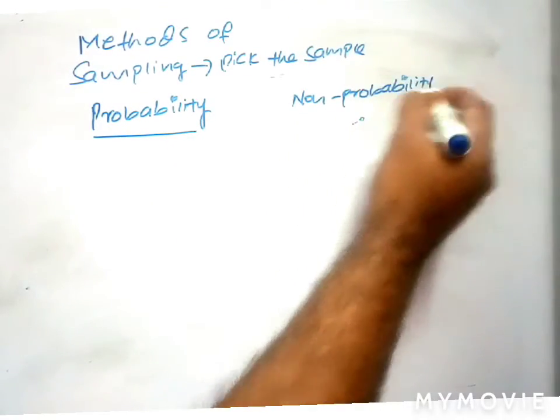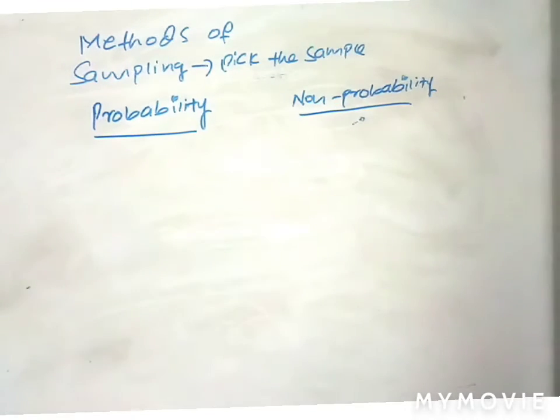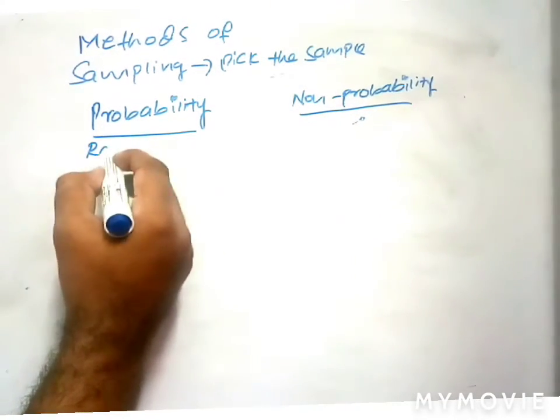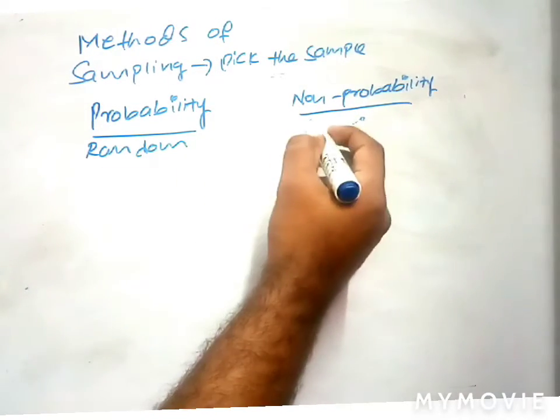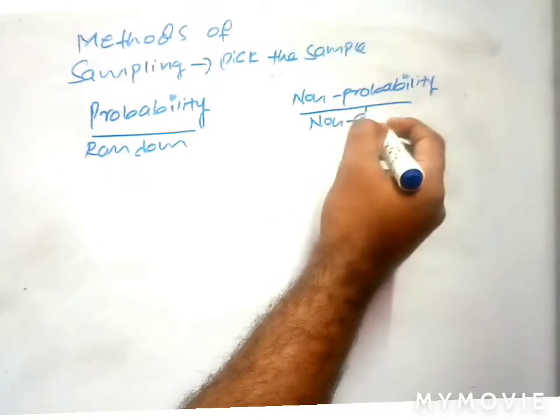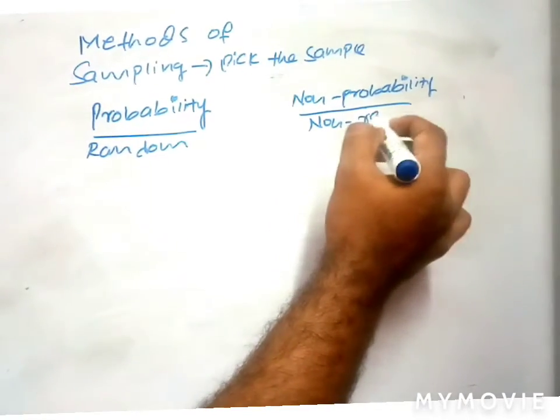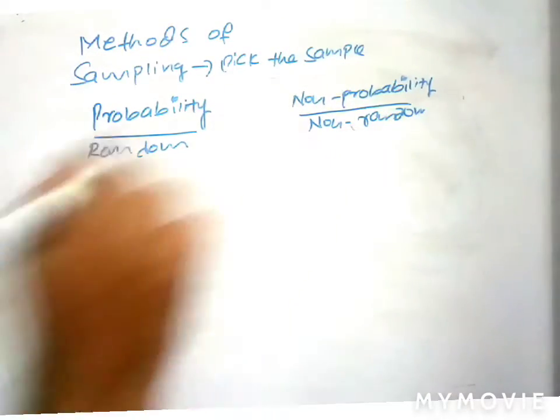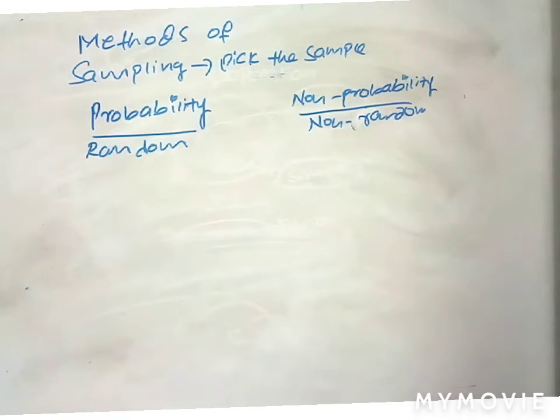When we talk about probability as well as non-probability, under probability, what are the different types of methods that we have? Probability can also be called random, and the other can be non-random sampling. Probability means an equal chance of the event happening for each and every respondent of the universe.